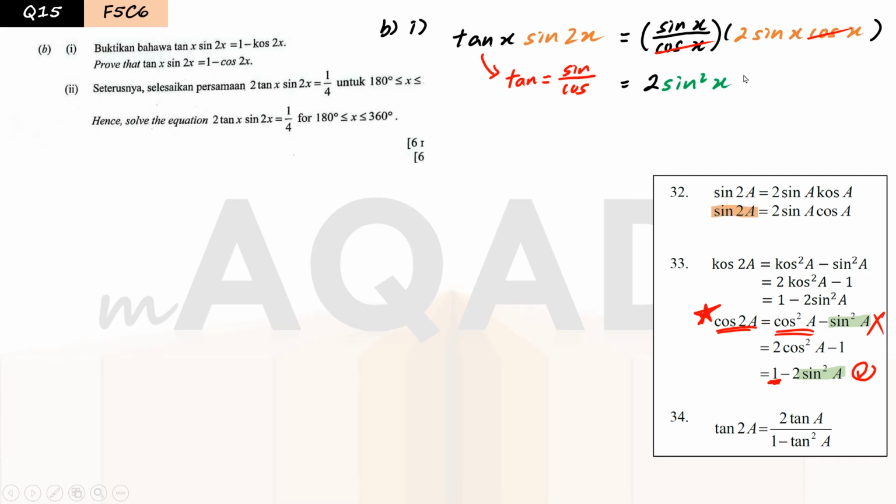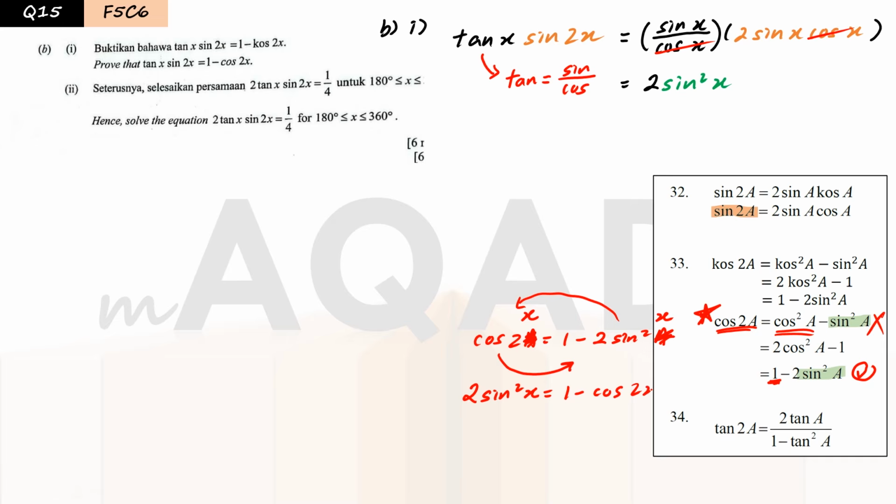Right, so now in the working that we have is 2 sine square x here. So why not we form an equation where one side of the equation is only 2 sine square a? Okay, or x. I think we change it to x, it will be easier to understand. So if I move this 2 sine square x to one side and cos 2x to the other side, here would be 2 sine square x equals 1 minus cos 2x.